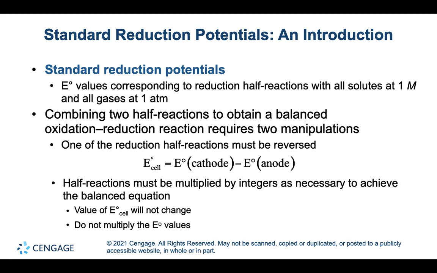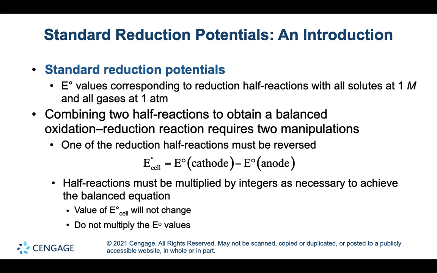See, reversing the anode means we're subtracting it because we're changing the sign of E naught. The combination of E naught of the cathode minus E naught of the anode gives you the voltage that that particular battery or pair of two half cells would generate, how much voltage you would get from it.